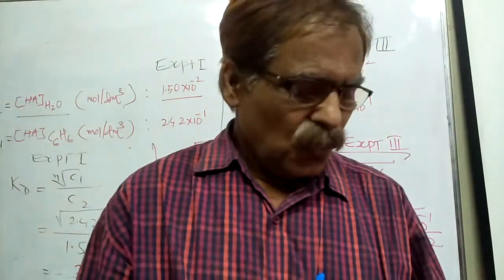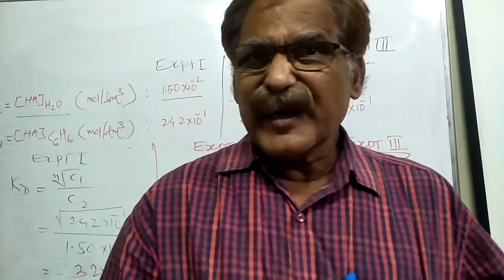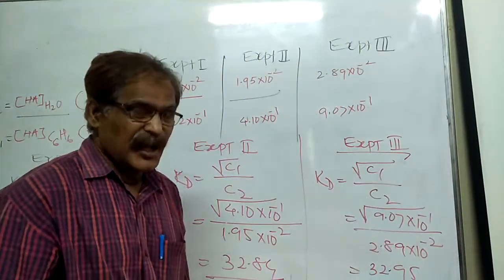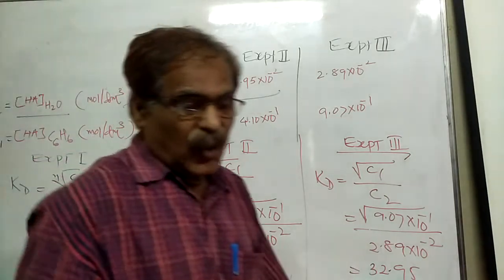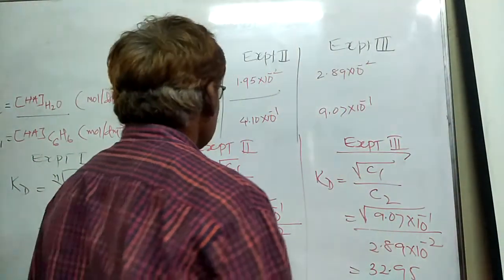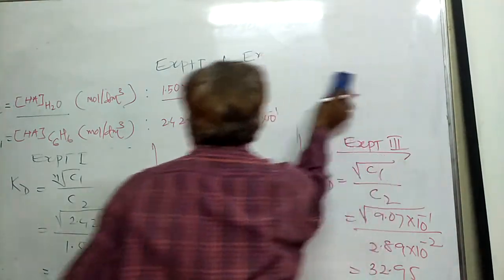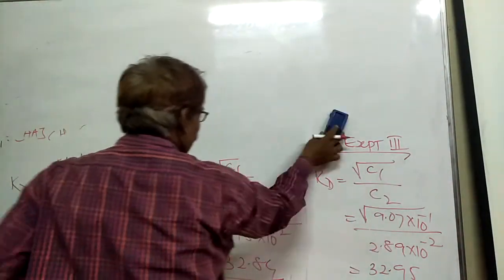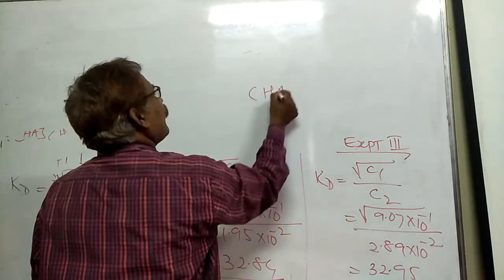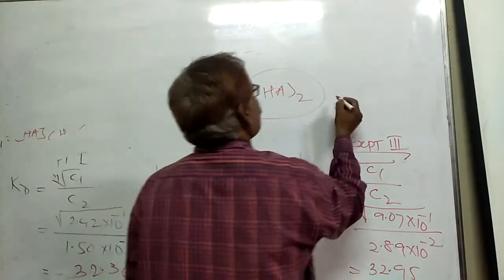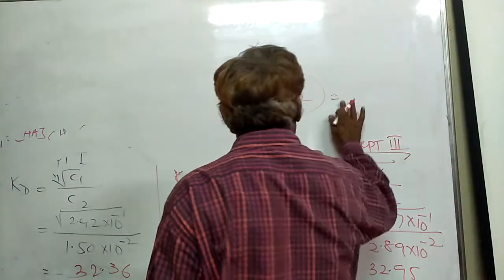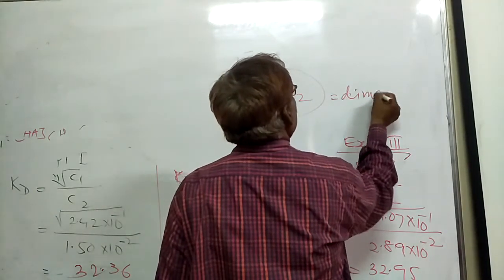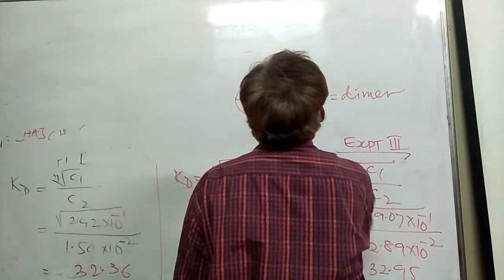So at last we have to predict the molecular state of the acid HA in benzene, and here the molecular state of the organic acid HA in benzene is HA2. In other words, the organic acid HA exists as a dimer in benzene.